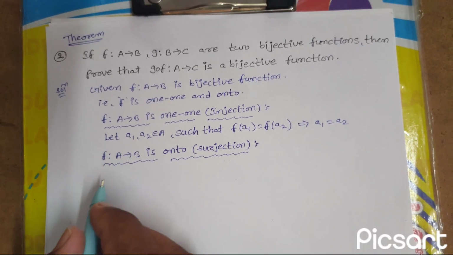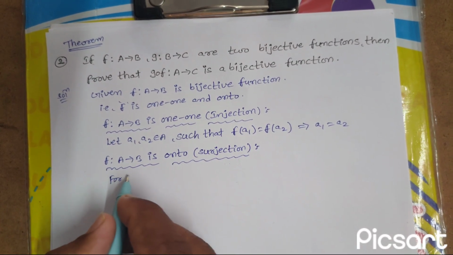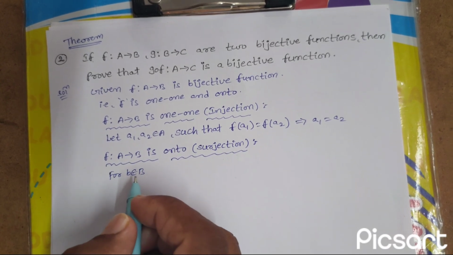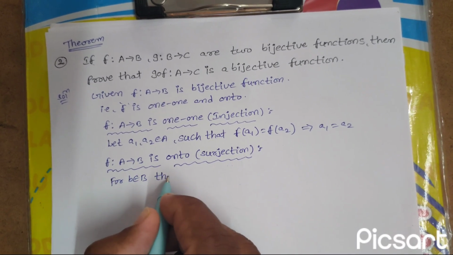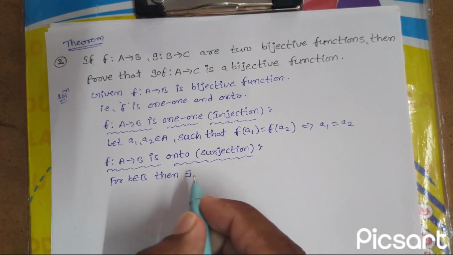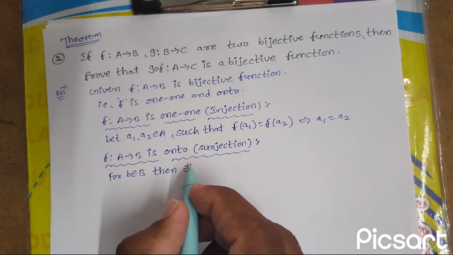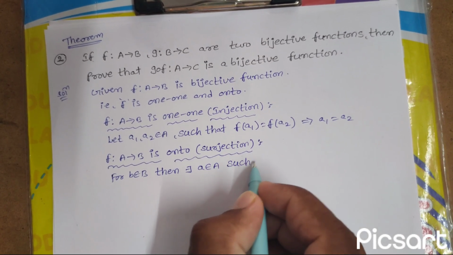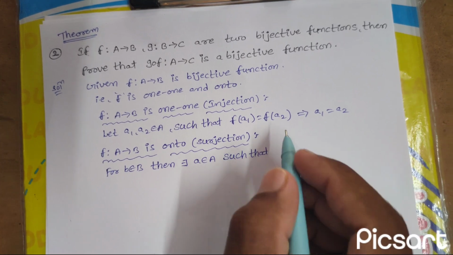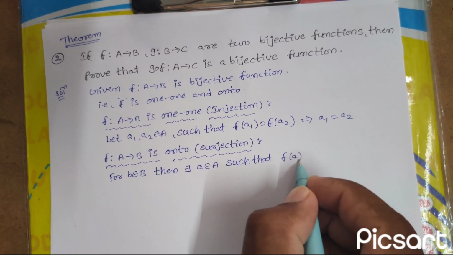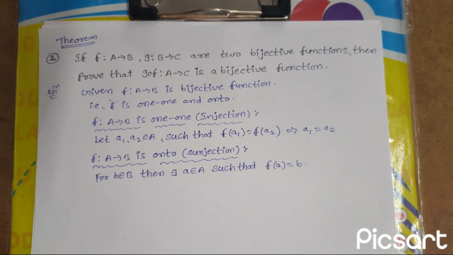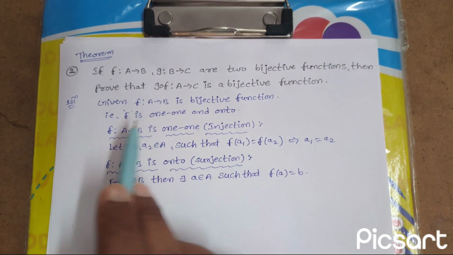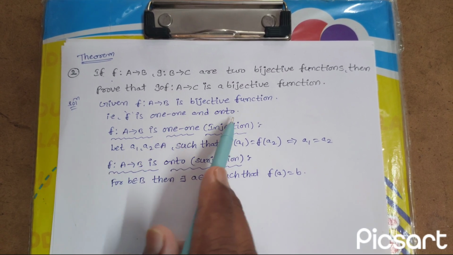So now take small b belongs to the codomain, that is capital B. Then there exists a belongs to capital A such that F of a is equal to b. F from A to B is a bijective function, that is F is 1-1 and onto.